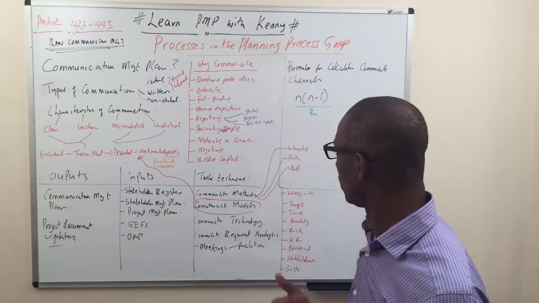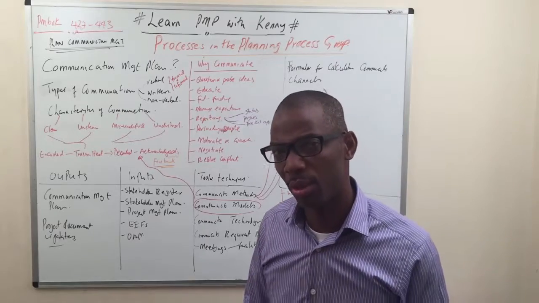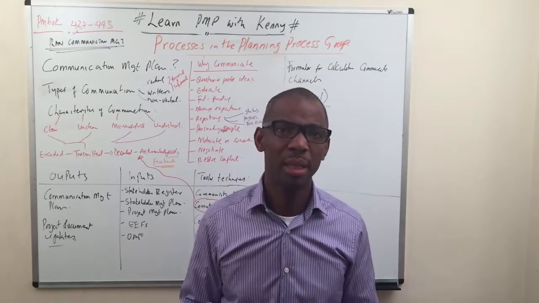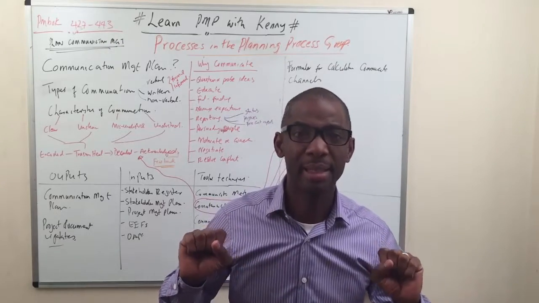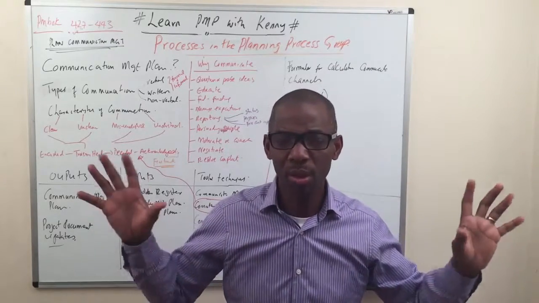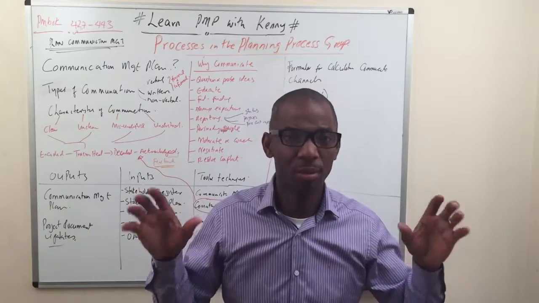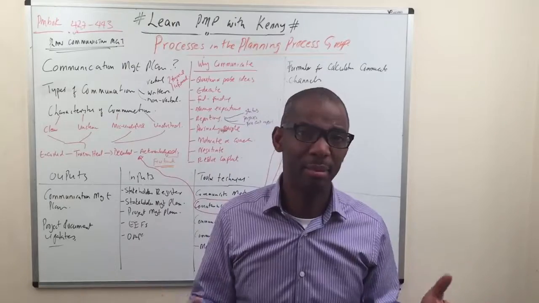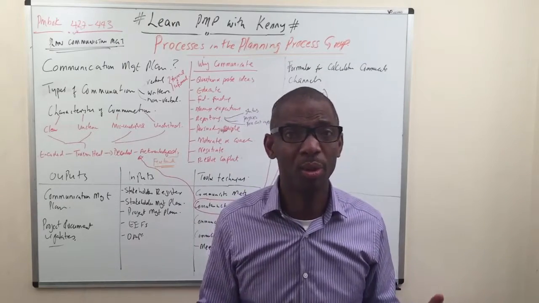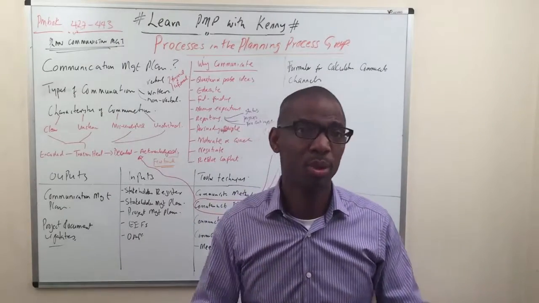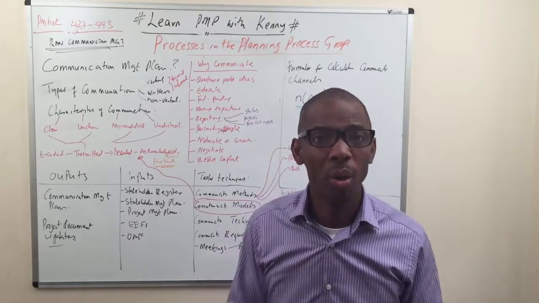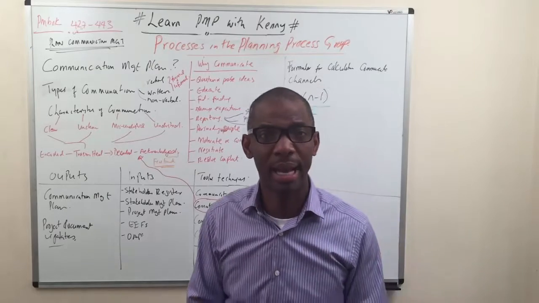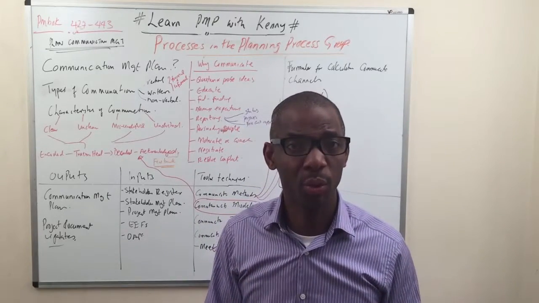You also have what you call the push type of communication. The push type of communication is used when you actually need to get out to a certain number of people, maybe not a large number, but a small number or a relatively medium-sized amount of people, i.e. people you need to report to on a regular basis, like your status reports, or certain stakeholders who want specific information at a specific time, and in terms of the frequency as well.